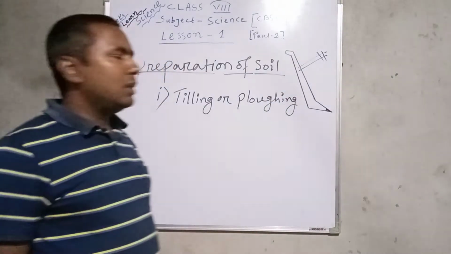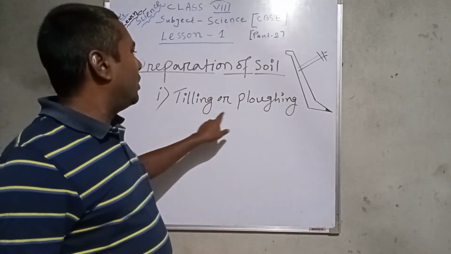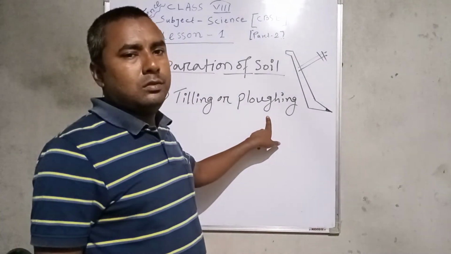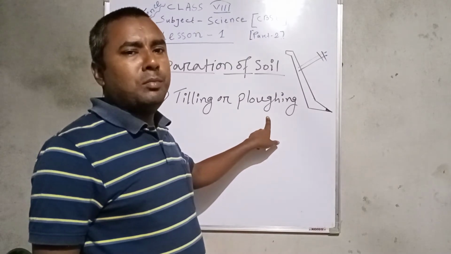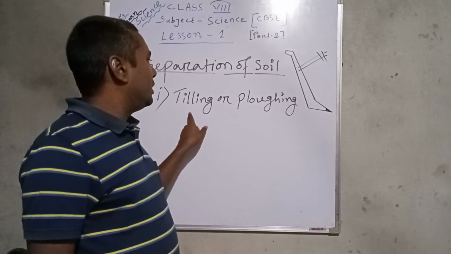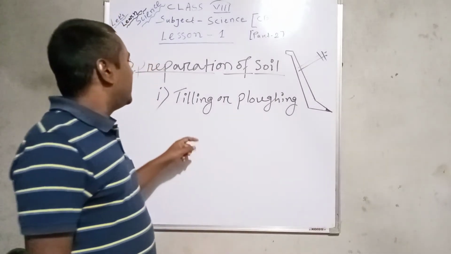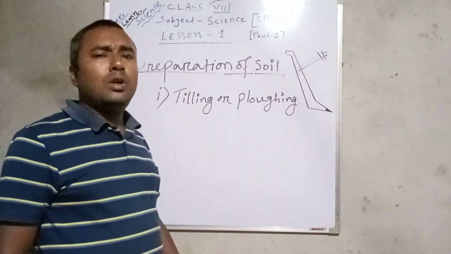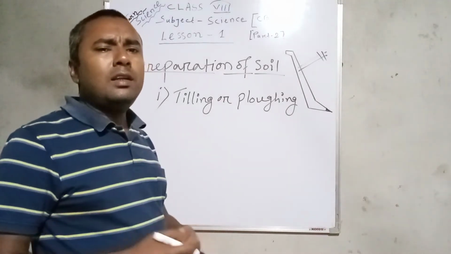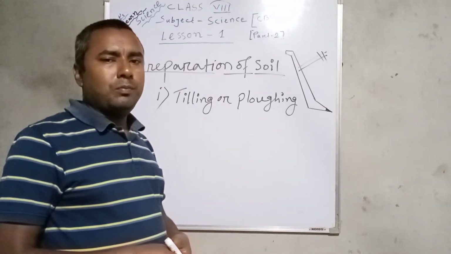The process that is involved in the preparation of soil is tilling or plowing. Now a question may come to your mind: what is tilling or plowing? It is nothing but the process of loosening and turning the soil. Understood?